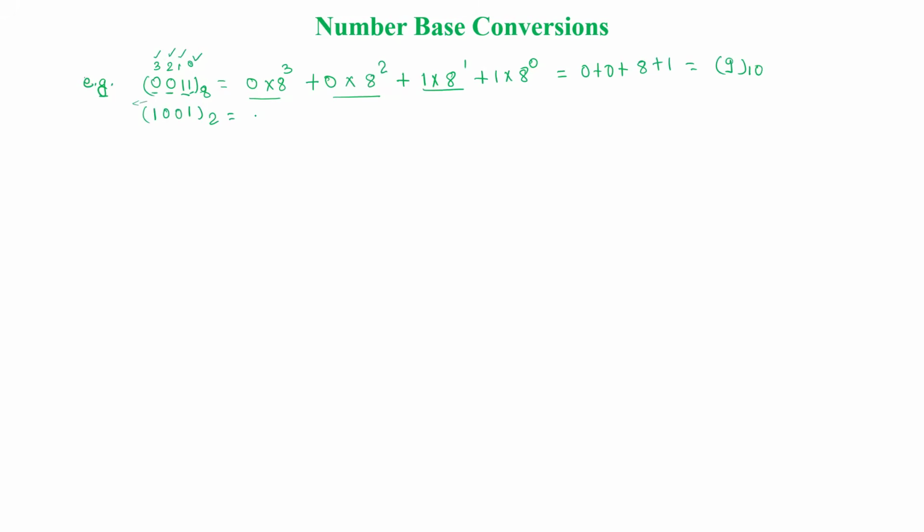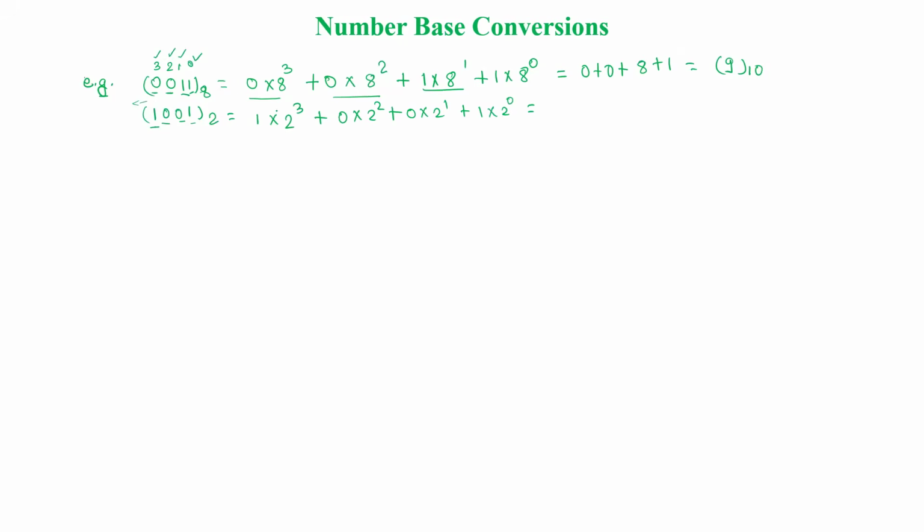So here the radix is 2. The first digit is 1, so we have 1 into 2 to the power 3, plus 0 into 2 to the power 2, plus 0 into 2 to the power 1, plus 1 into 2 to the power 0.